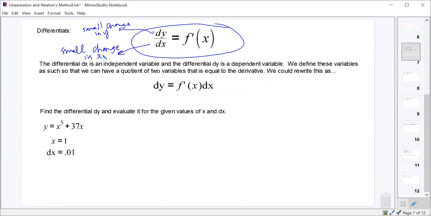And it's only an approximation, but it's a very good approximation because we're using a tangent line to approximate it. It's about as good as all those other approximations that we got when we were doing the linearization.